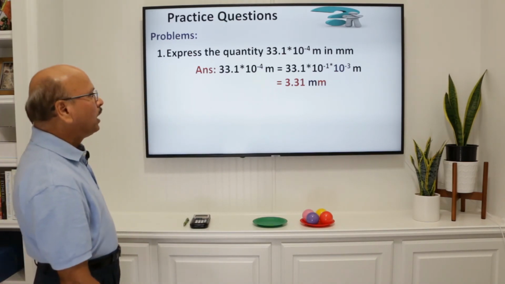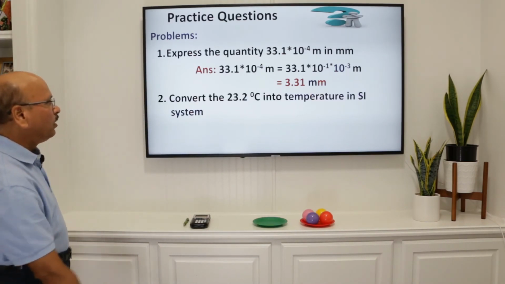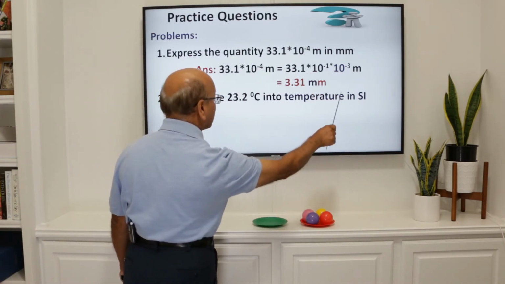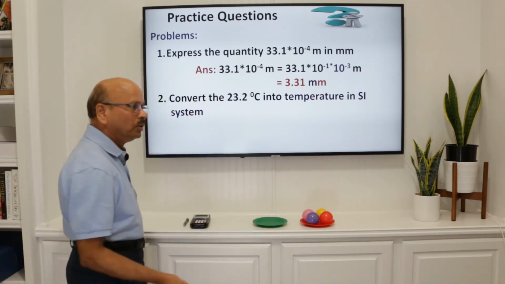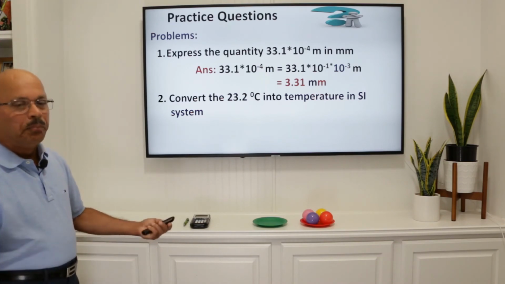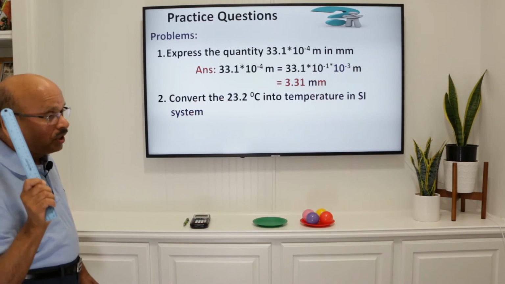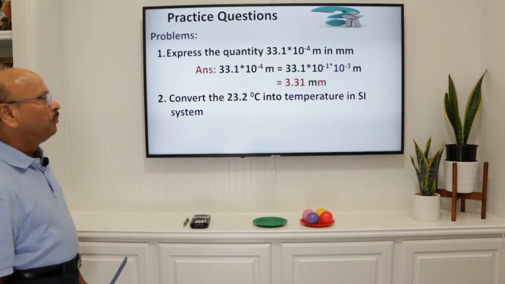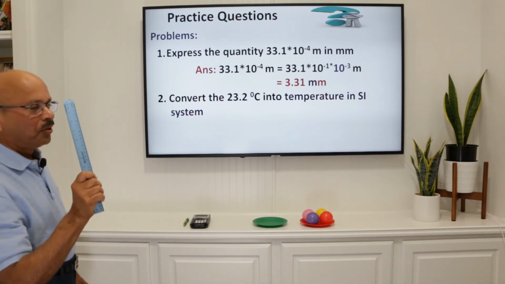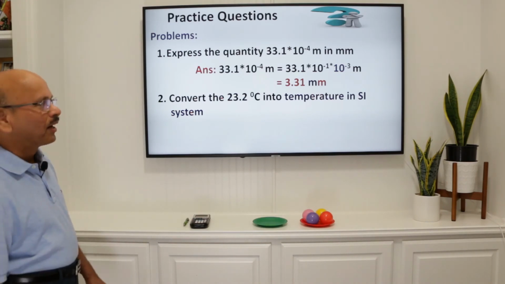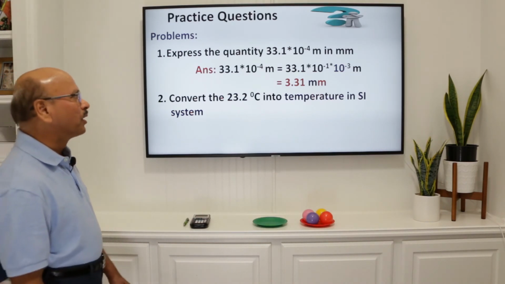Okay, let's go to the next one. Convert 23.2 degrees Celsius into the temperature in the SI system. So this is just remembering the base units in the SI system. And remember, I already told you about two important things in the base unit. One is the mass unit, which is kilogram, and the temperature unit is Kelvin.